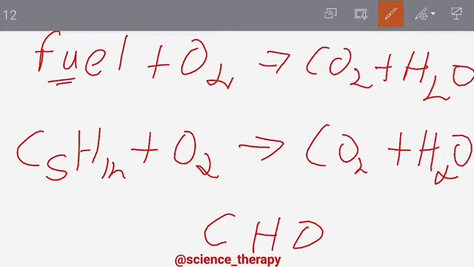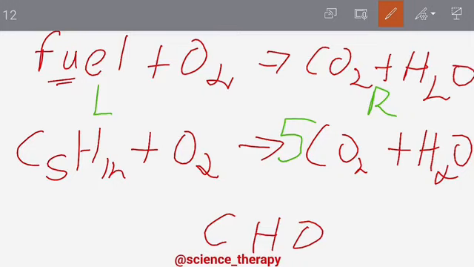How many carbon atoms on the left hand side? So this is left and this is right. We have 5. And how many carbons on the right hand side? We only have 1. So how do we ensure that we have 5 carbons? We can just put 5 just before carbon dioxide there. So we have 5 times 1, that's 5 carbons. So the carbon atoms are balanced.